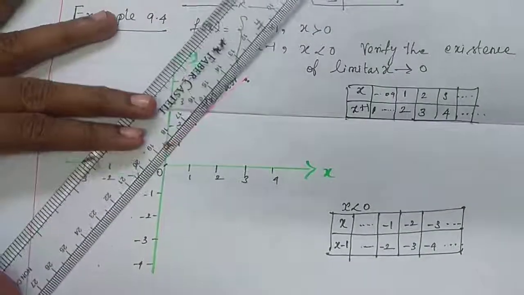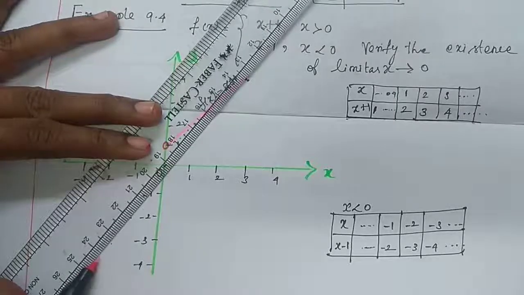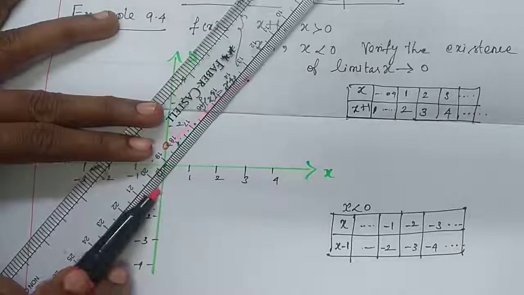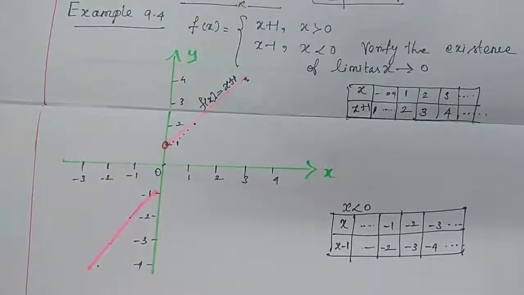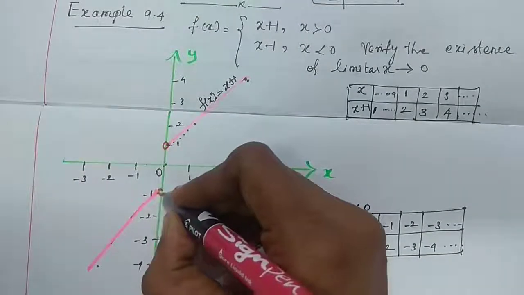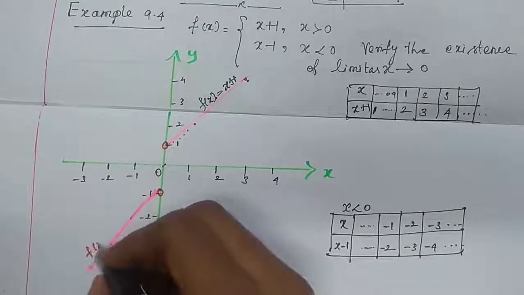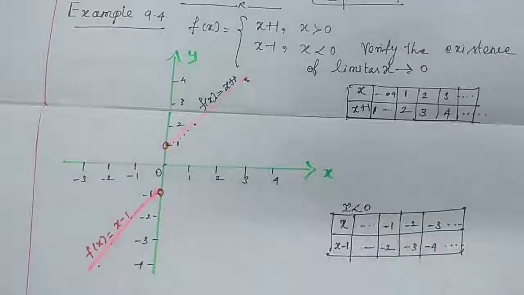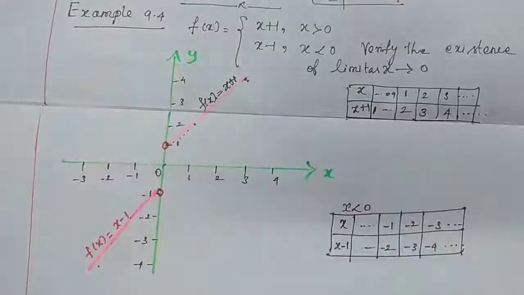We get the graph like this. Minus 1 is not included. This is f of x is equal to x minus 1. This is the graph for the given question.